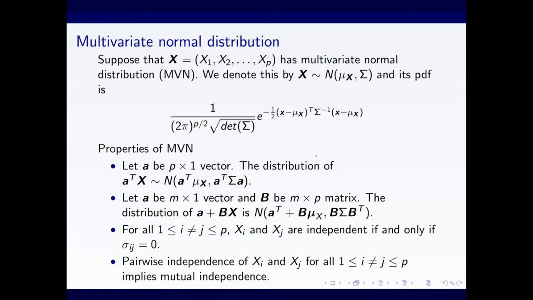So the bivariate normal distribution is a special case of the multivariate normal distribution. We denote it as a normal distribution with the mean vector bold mu x and the covariance matrix sigma, which has this PDF form.